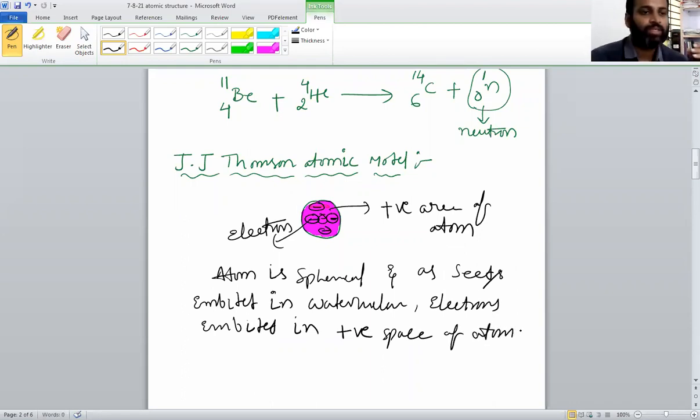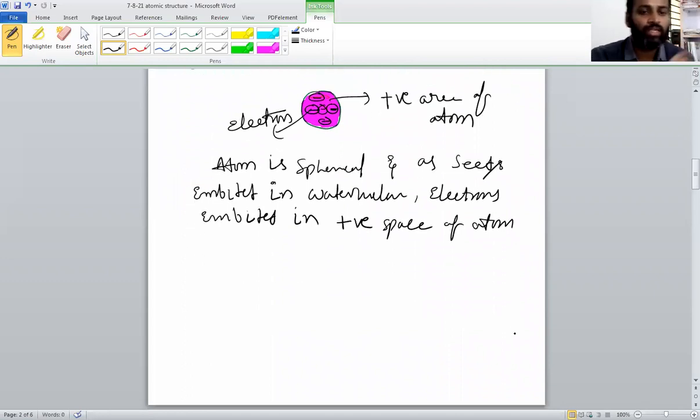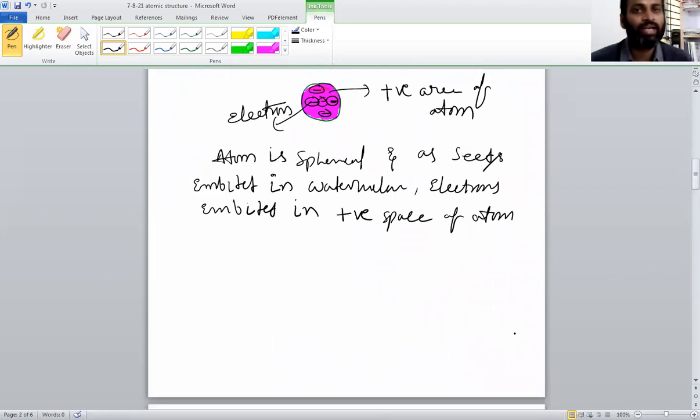Who said? Mr. J.J. Thomson said. So this is about the J.J. Thomson atomic model. Understood? But this is a failed atomic model.